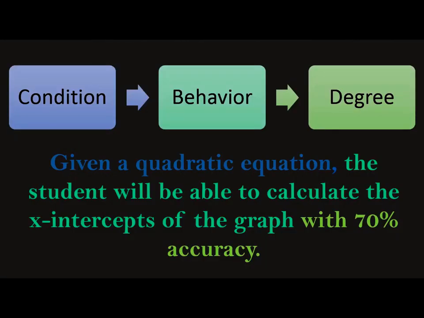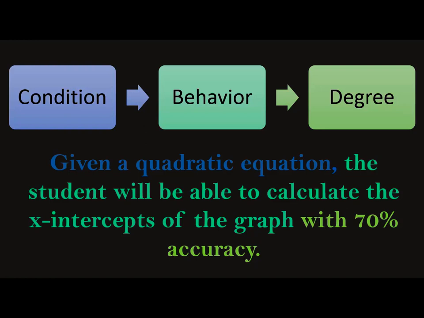All right, so this is kind of the components of how you build a good objective. Now this is really more from corporate and industry. If you go back and look at training manuals and things of that nature, this is what you'll see in the corporate world. You take a condition, add a behavior, add a degree, put all that together, and you get your objective.